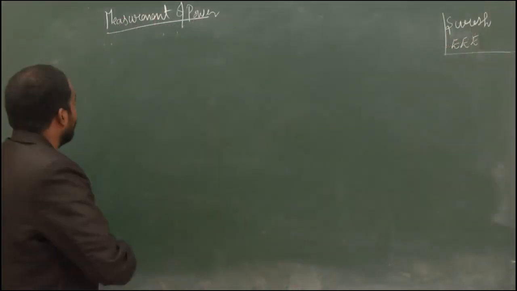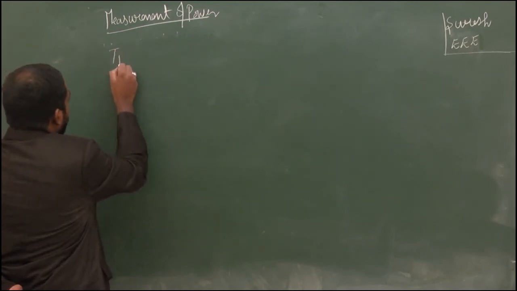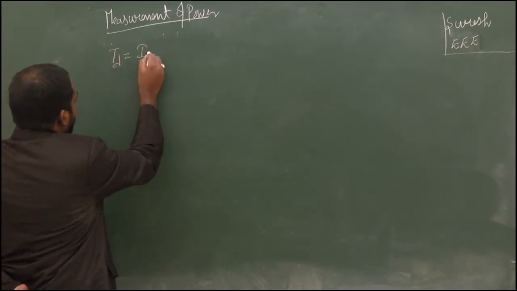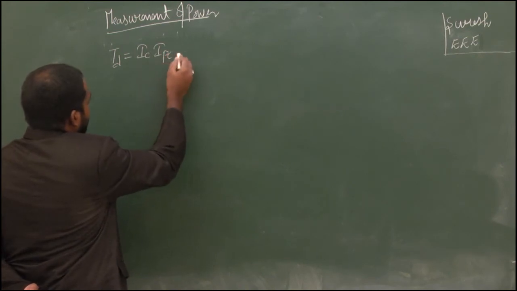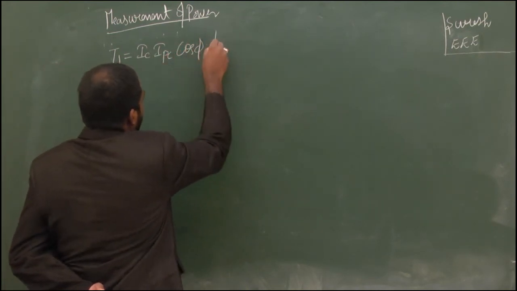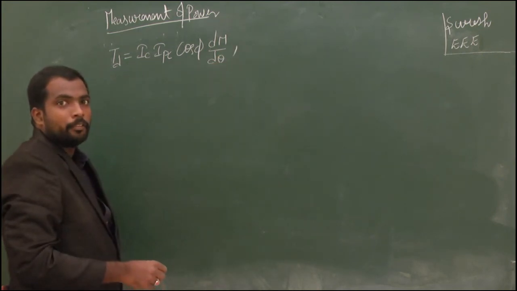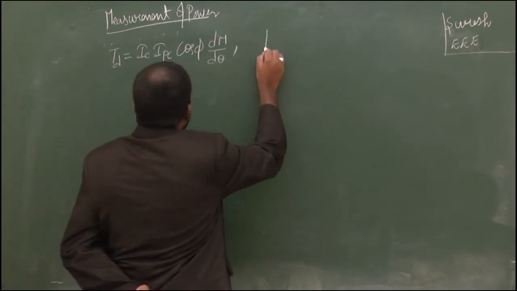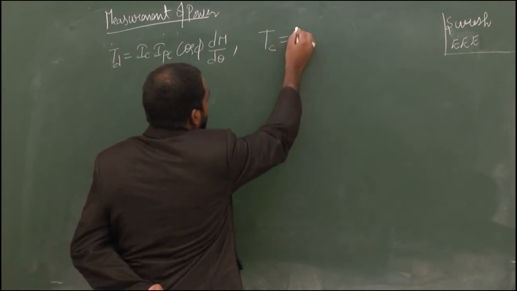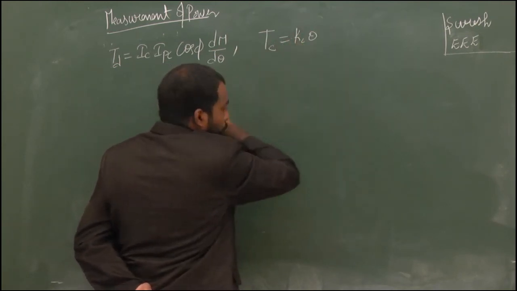As we know, the deflecting torque TD is equal to IC IPC cos phi dM by d theta. And as we are going for a spring control mechanism, the controlling torque Tc is equal to Kc into theta.